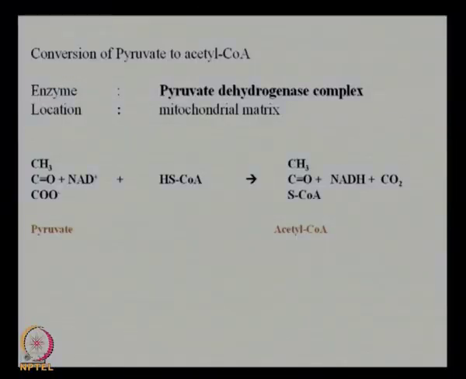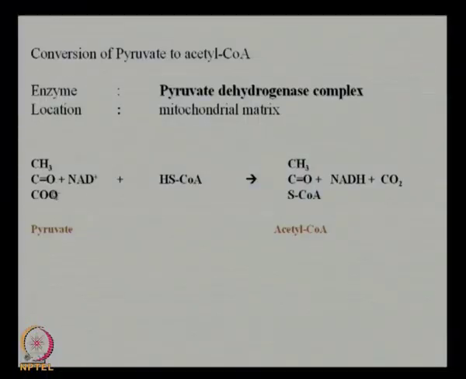So, here we can see that this pyruvate, in presence of NAD and coenzyme A, is producing acetyl CoA, NADH and carbon dioxide. Now, as we have learned, 1 molecule of glucose gives 2 molecules of pyruvate.